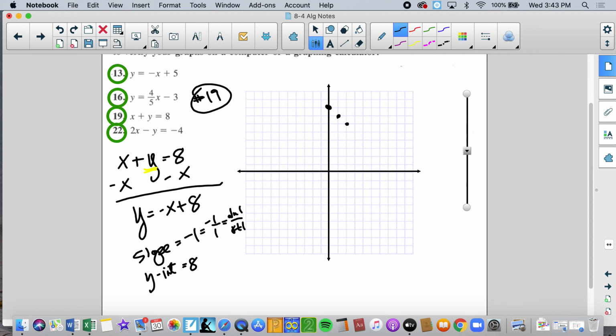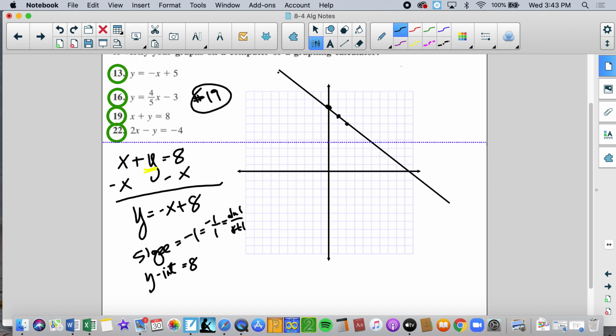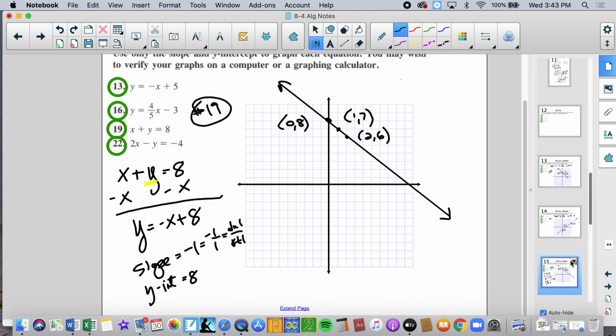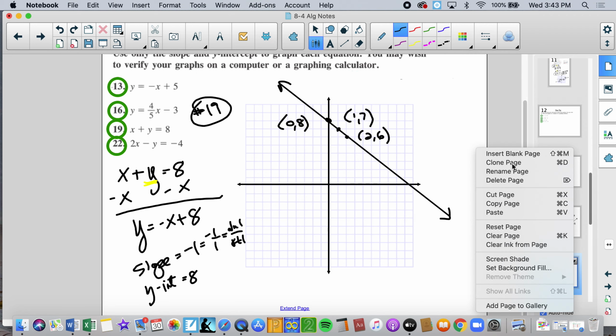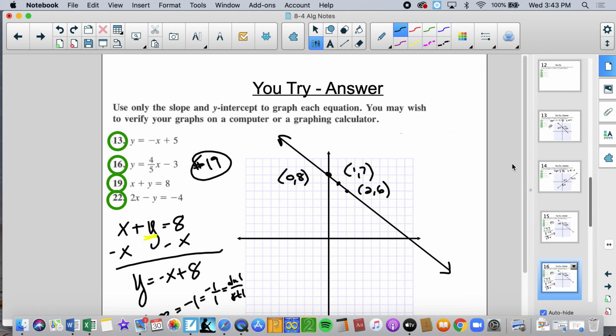Oh, that was almost perfect. Good, there's my graph. I'm going to put my arrows. I'm going to notate my coordinates: (0, 8), (1, 7), and (2, 6). Good.